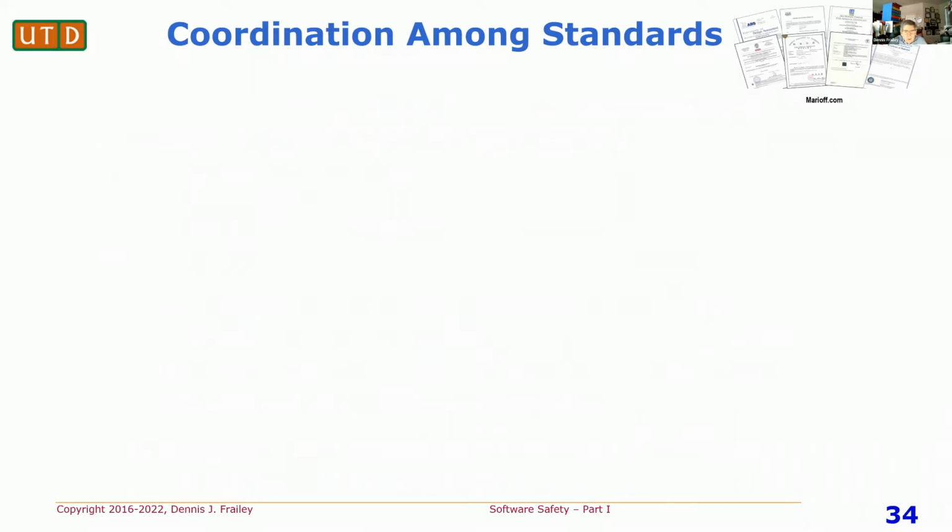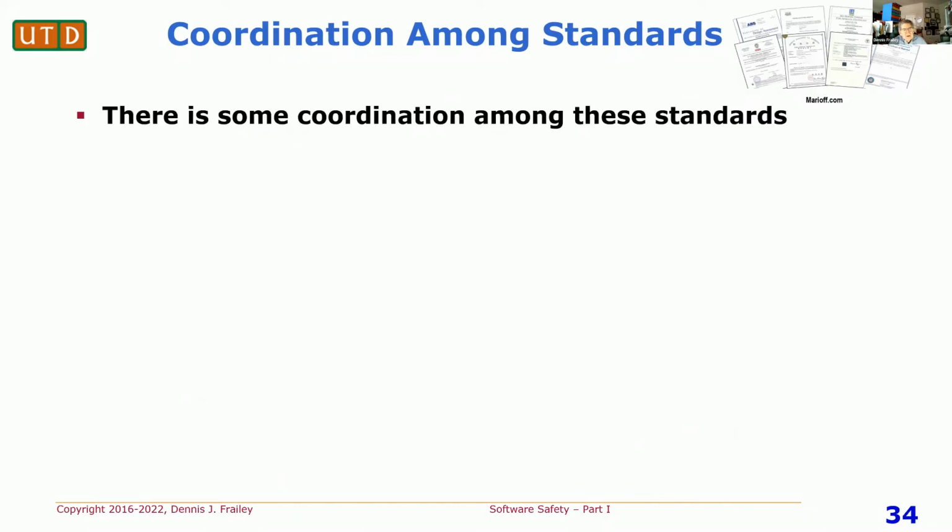Okay, one of the issues is coordination among all these standards. The people who develop all these standards frequently get together and talk to each other and try to use the same or similar terminology and redo their ways of describing things so they're similar to each other and things like that.